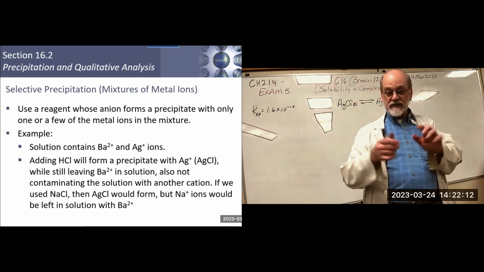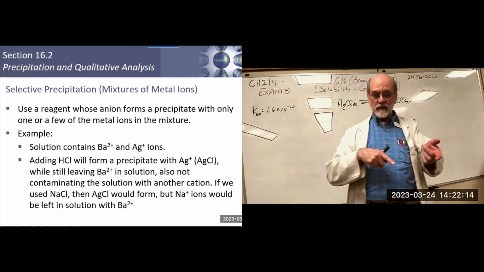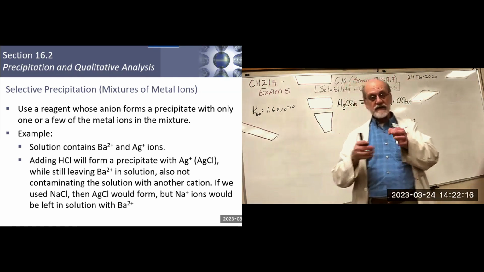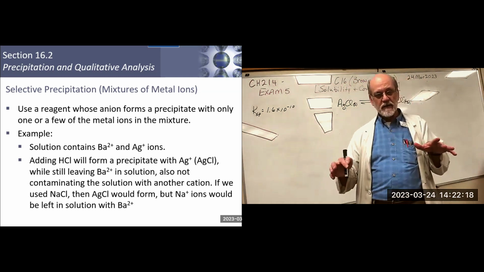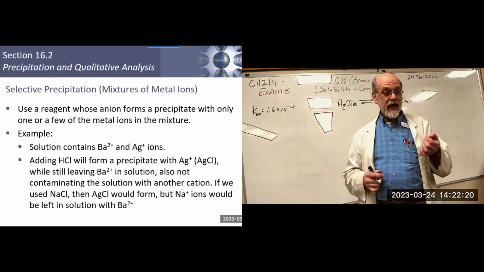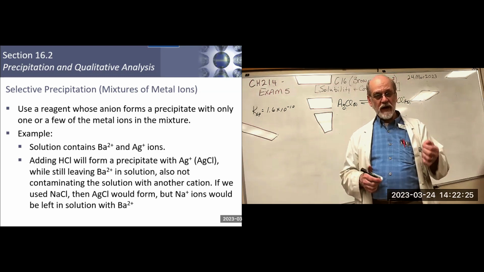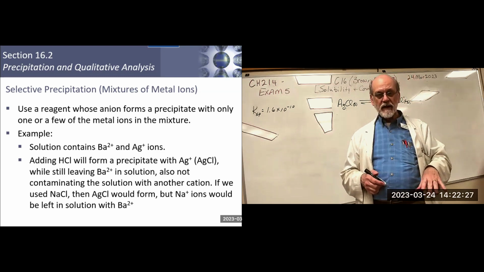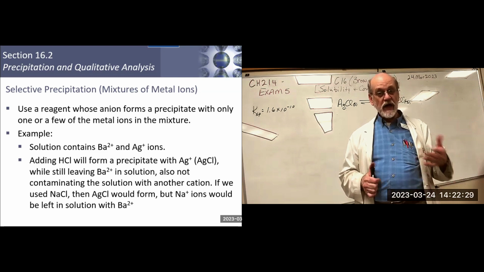So in this example, we have barium and silver ions in solution. We know that that's all there is. If we add hydrochloric acid, we will form a precipitate with the silver chloride. It will drop out of solution, and barium chloride is soluble.